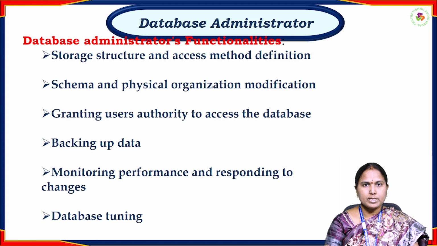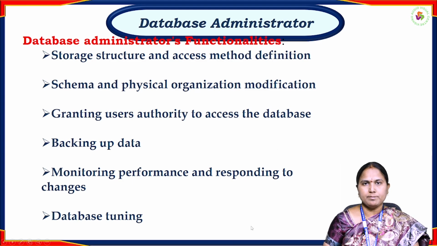Database tuning means how much space is allocated. Suppose beyond that level we want to access more space, cleaning the data and allocating data to new users can be defined by the database administrator. So these are the functionalities of the database administrator.